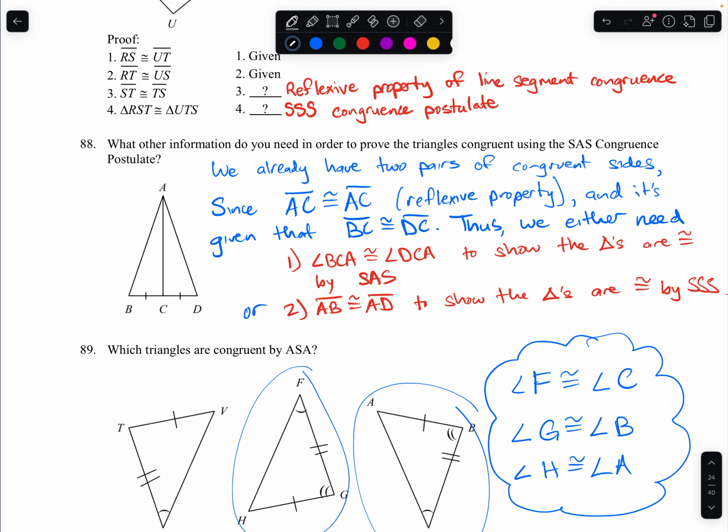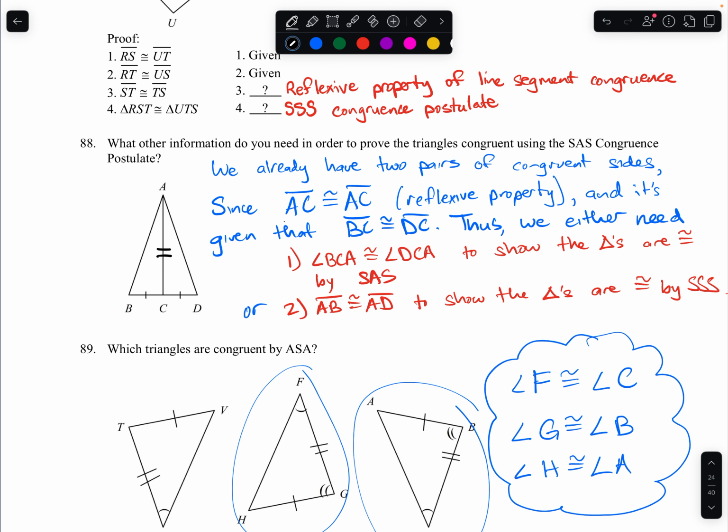So I could say AC is congruent to itself. That's this part here. So we have two pairs of sides, and remember, anytime you have two pairs of sides, we have to watch out because side angle side proves congruence, but side side angle does not.